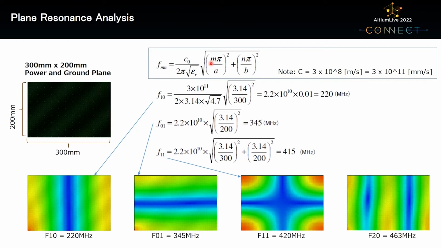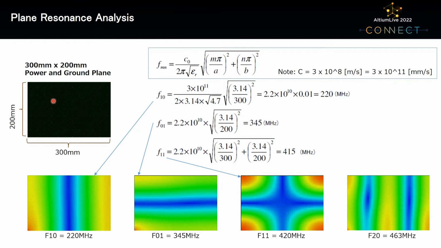For example, suppose that A is 300 millimeters and B is 200 millimeters. And the mode of M and N, MN mode, is calculated.